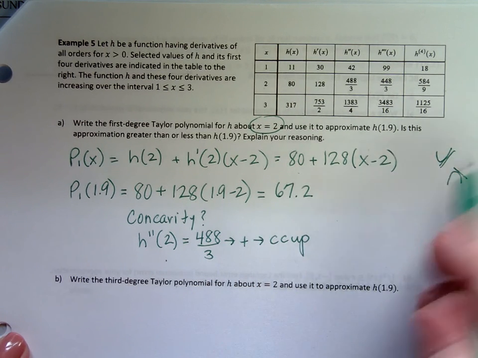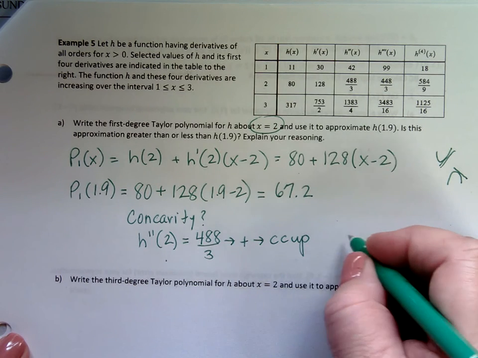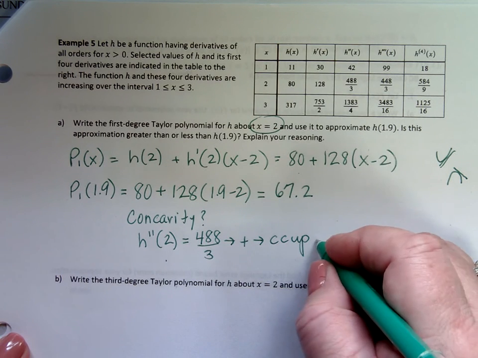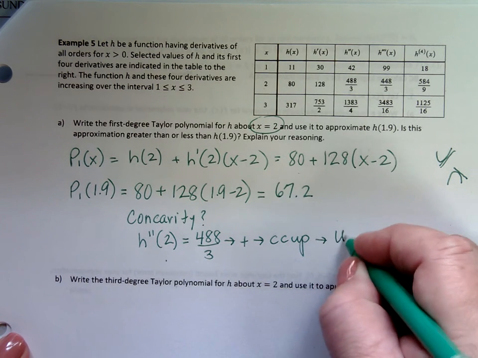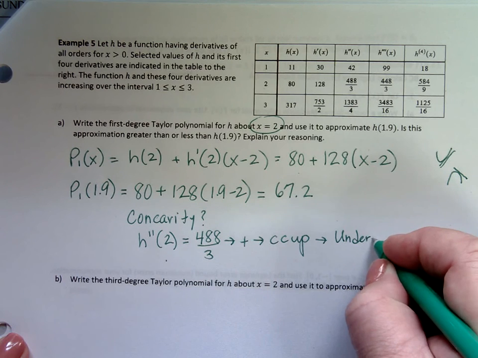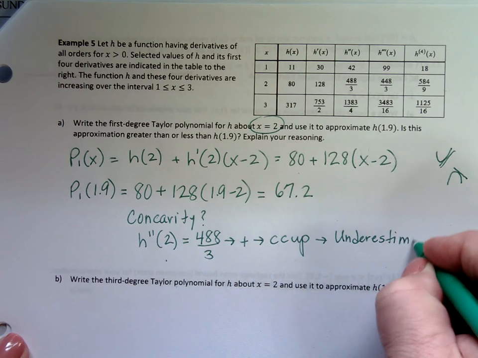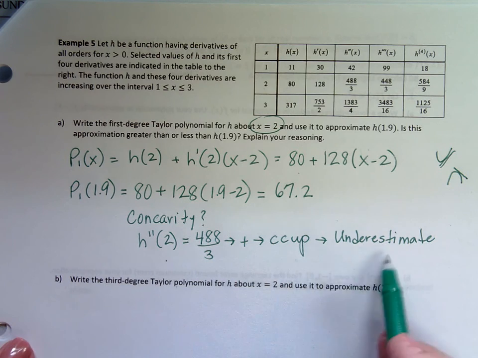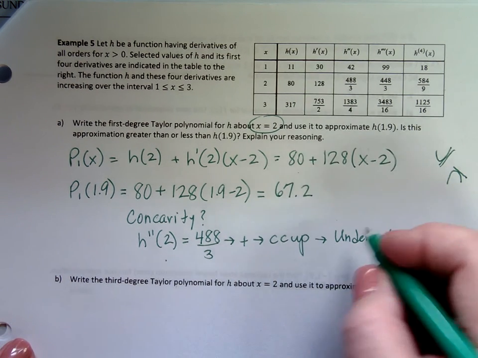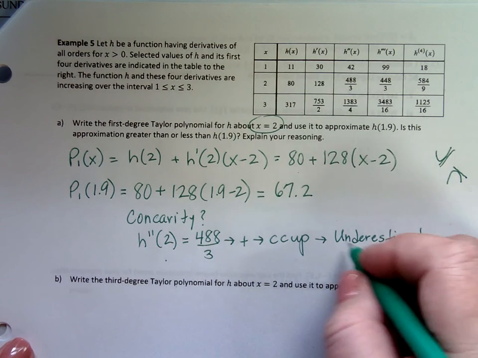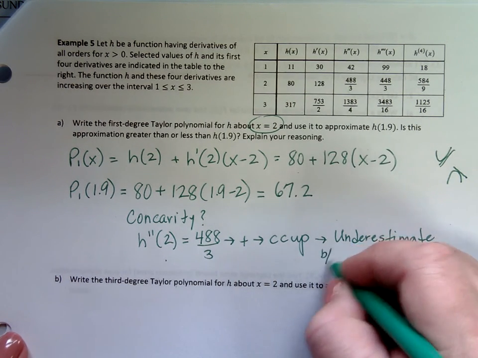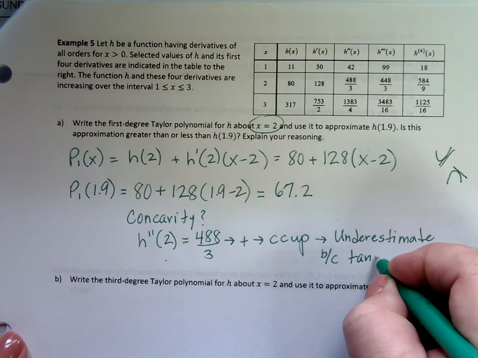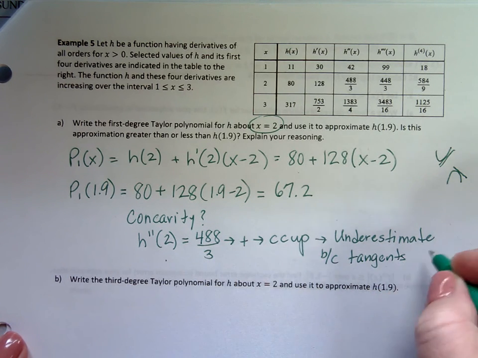So, concave up, underestimate. Now, I think the AP accepts the fact that just saying it's concave up means that it's going to be an underestimate. You could add on that the tangent lines, or derivatives, however you want to say that, are below.